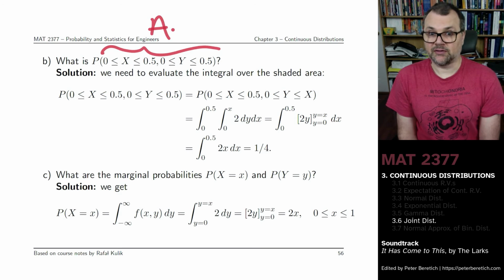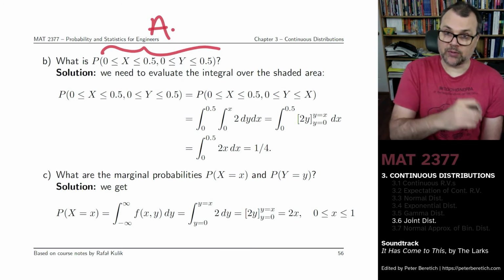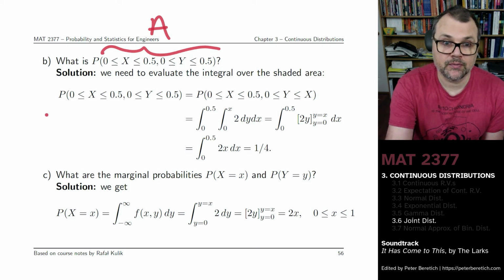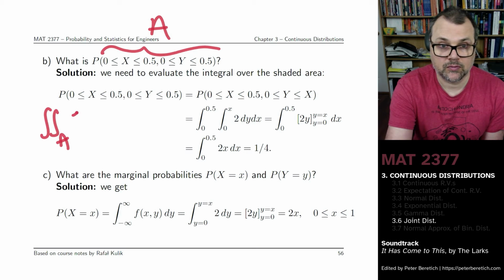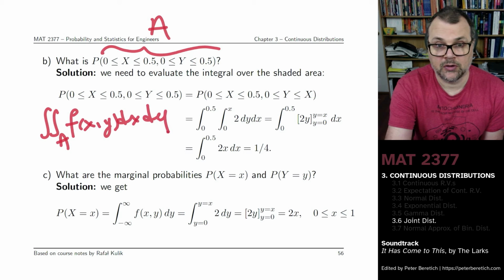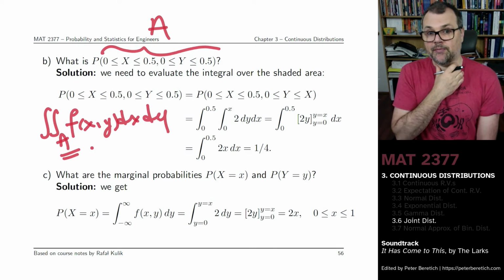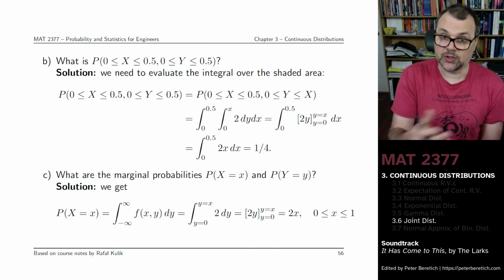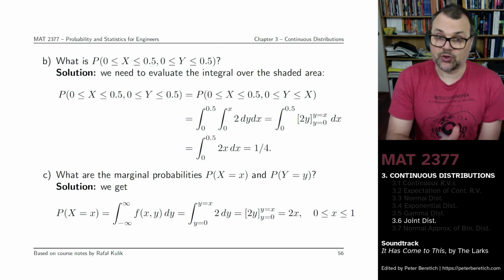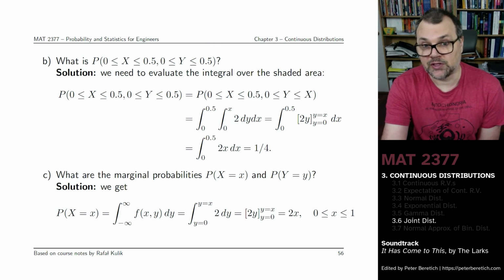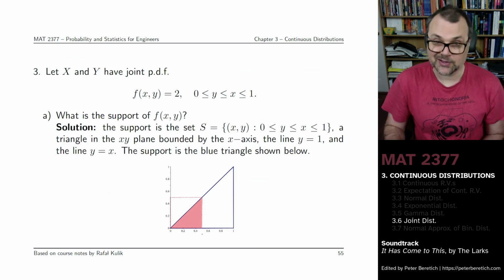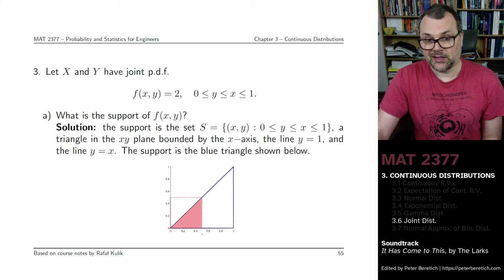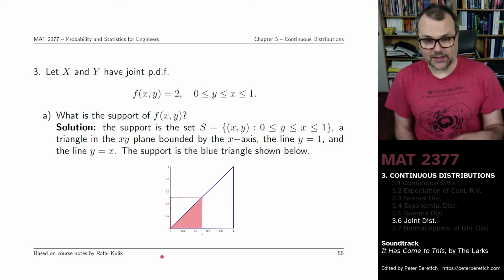So the probability of A, you're integrating the joint probability distribution function over the region delimited by A. In this case, you need to remember how to determine this region. It's true that x goes between 0 and 0.5 and so does y, but it does so only in the red region. So what is that really saying?